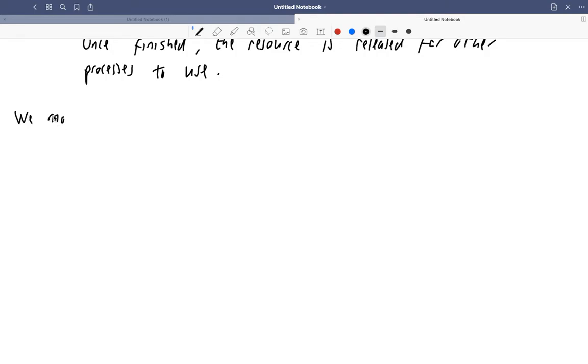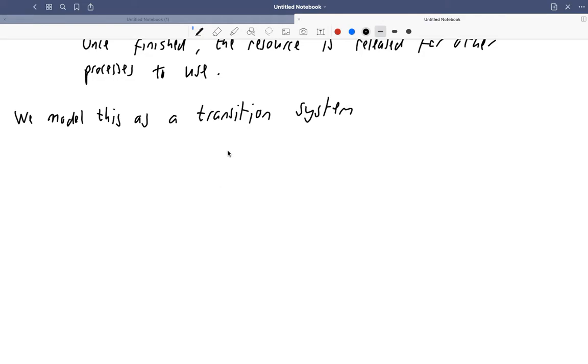So maybe I'll just draw it first. We model this as a transition system, and then I'll write the notation at the bottom.